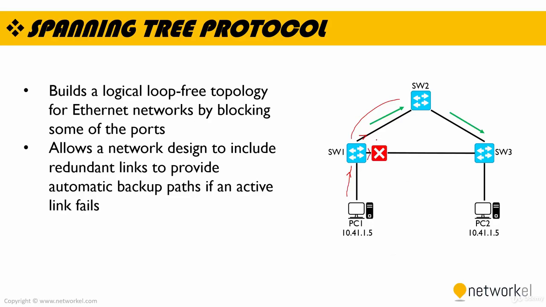But because this port is blocked by spanning tree, the traffic will not pass this way, and it won't go to switch 3 from this way. So only the green traffic will come to switch 3 and reach PC2.